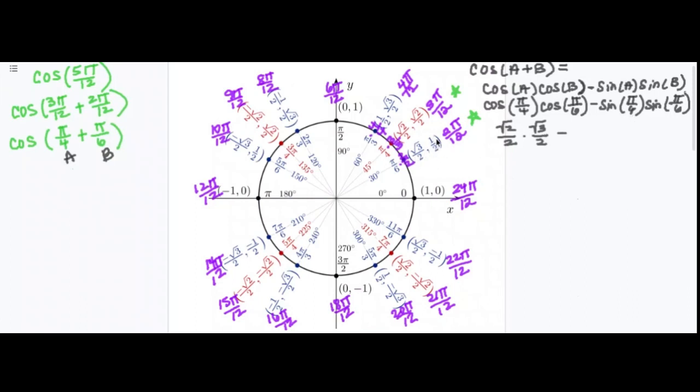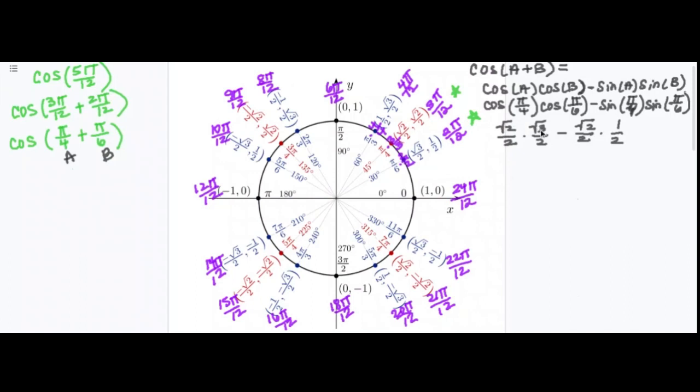Sorry, pi over 4, square root of 2 over 2. This 4 looks goofy. Let's make it look really good. That's a 4, not a 6. And then pi over 6, that y value is 1/2.